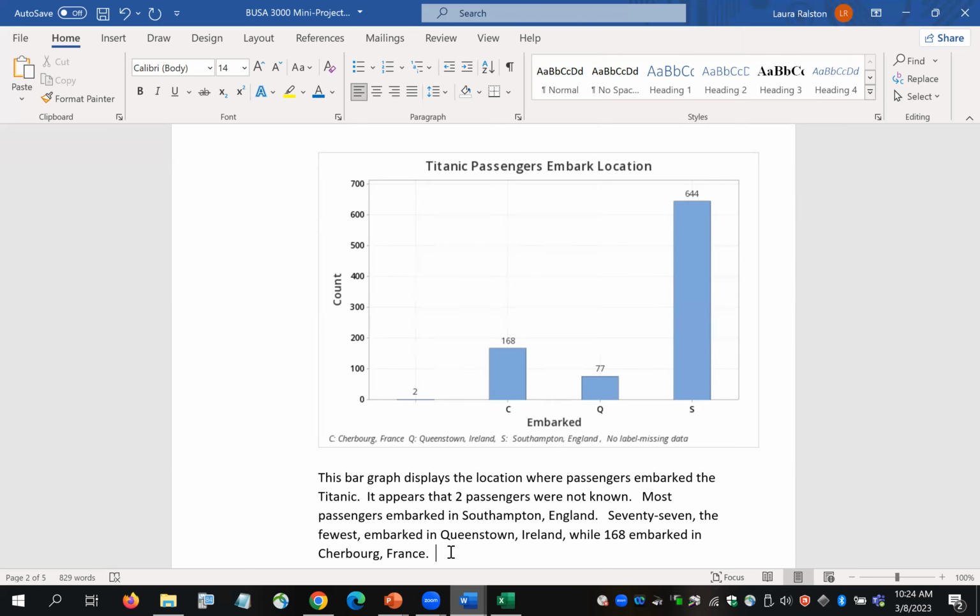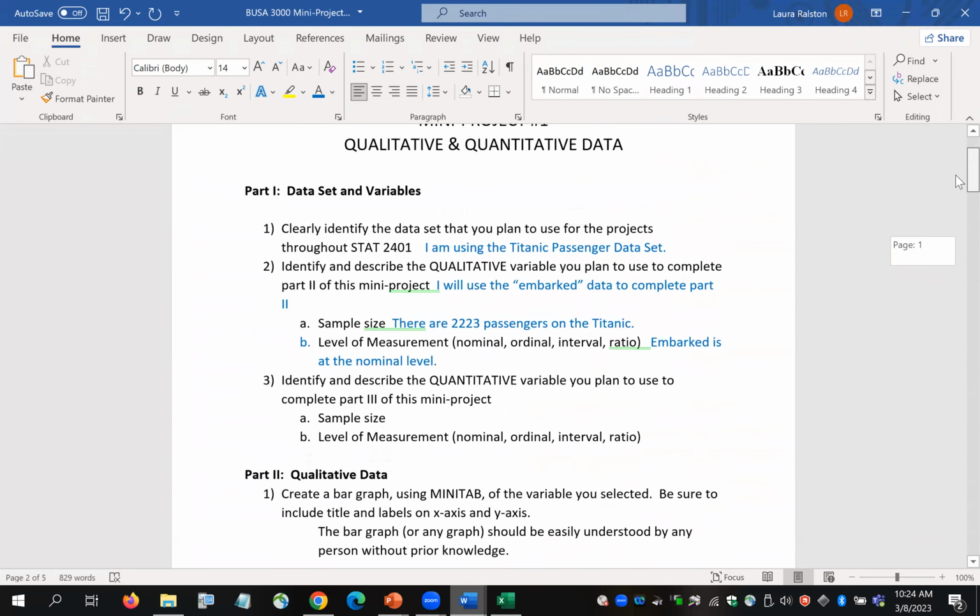Okay. In part 1, real quick, we don't do the quantitative yet. You will eventually do the quantitative before you submit this assignment. You will have done both the qualitative and the quantitative.